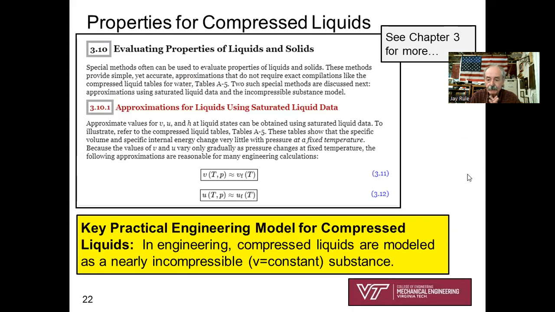And so the reminder is to go back to Chapter 3 to refresh your memory, to see that properties for compressed liquids depend only on the incompressible fluid temperature. They depend on the temperature only. So the next slide summarizes that to bring it home.